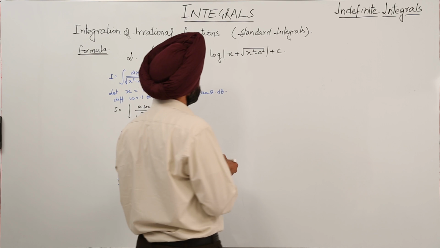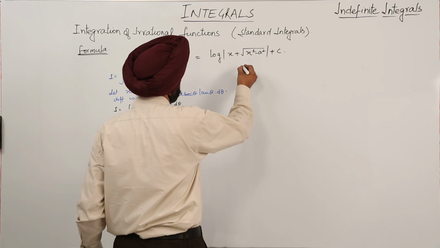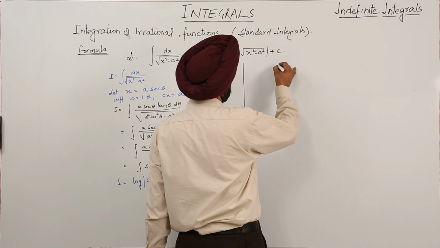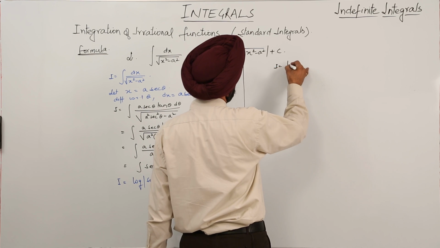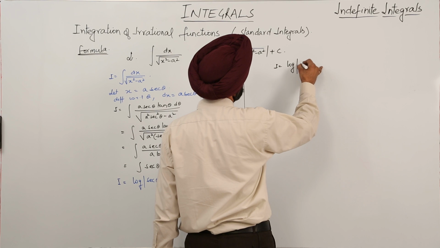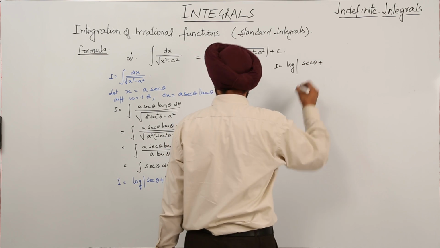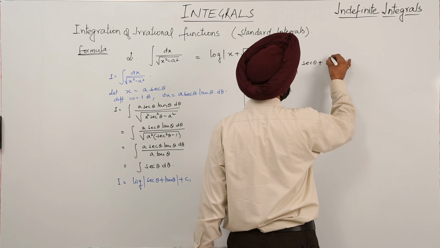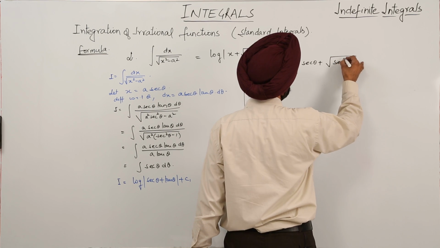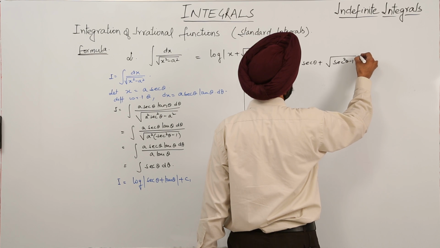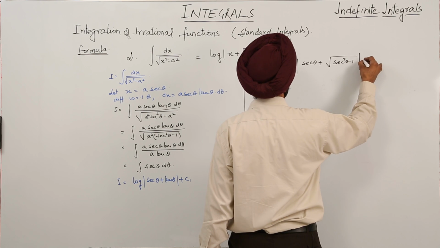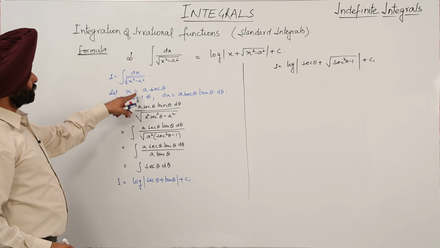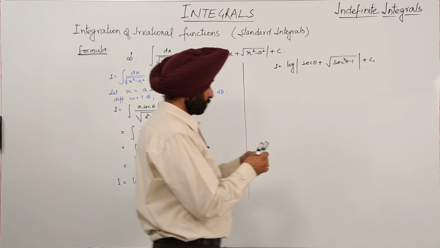So now our question becomes log mod of secant theta plus tan theta, and can we write tan theta as under the root secant square theta minus 1, plus C1? Now we have taken x is equal to a secant theta.